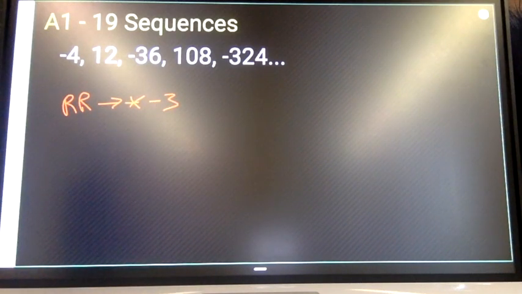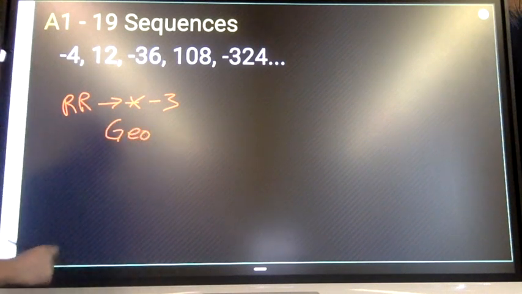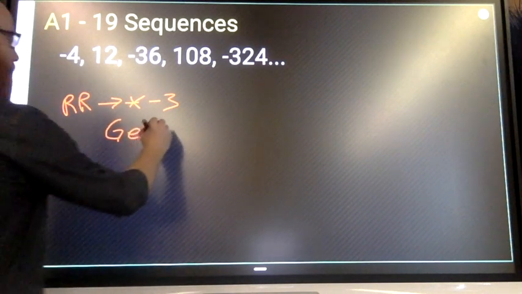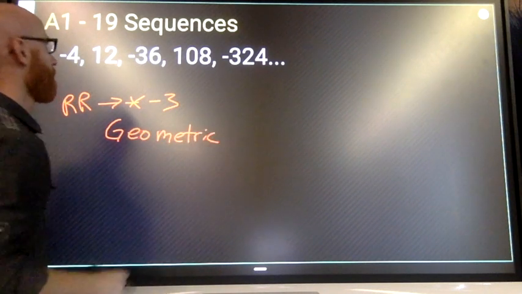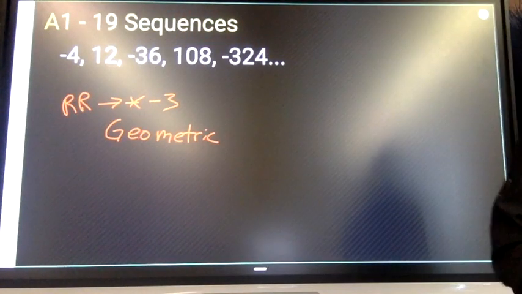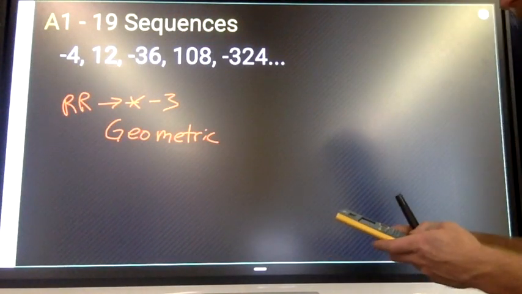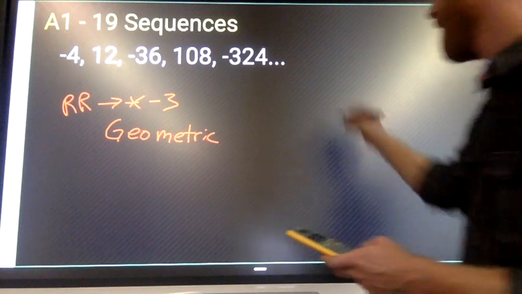Recursive rule times -3. Type of sequence, geometric. What are the next 2 terms? Need a calculator. 324 times -3. Negative.